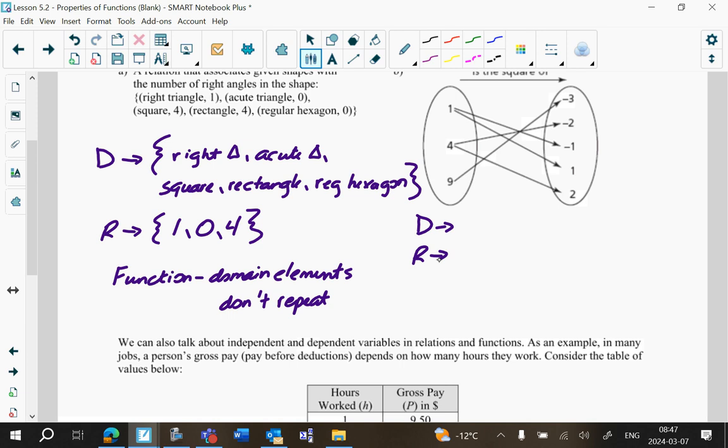So what would the domain be in braces? 1, 4, 9. That's it. And then the range, you just have to write the numbers. -3, -2, -1, 1, 2.